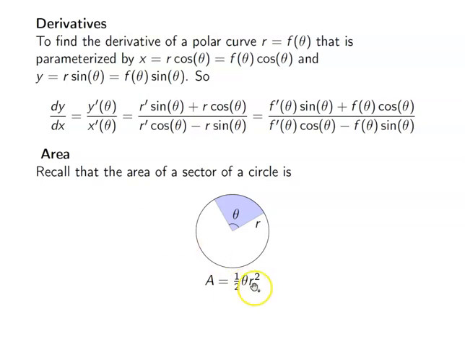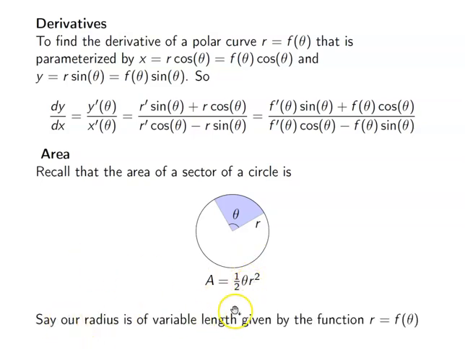And so that is nice, but that's not necessarily what we need for r equals f of theta, right? And I'm not just going to substitute in here. Well, I kind of am. So let's say that instead of a standard radius r, my radius changes as the angle changes, which is why we get these cool polar curves that we have.